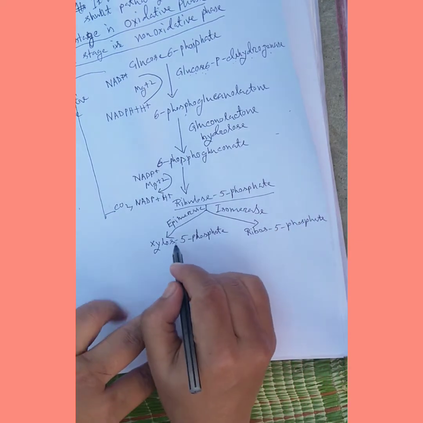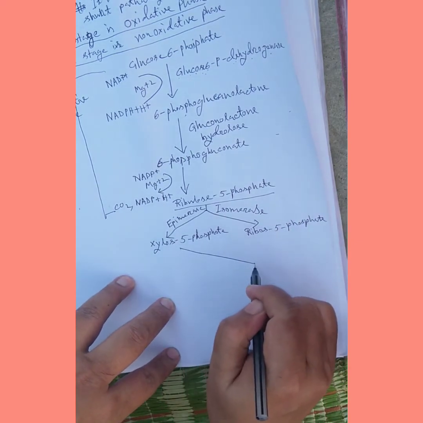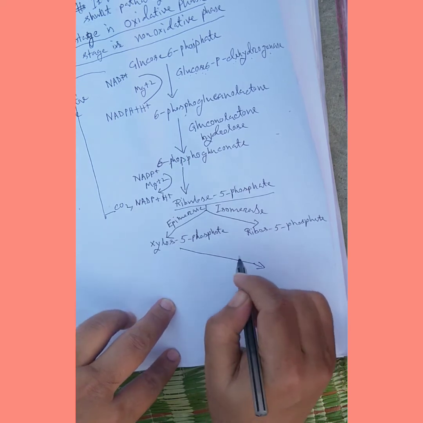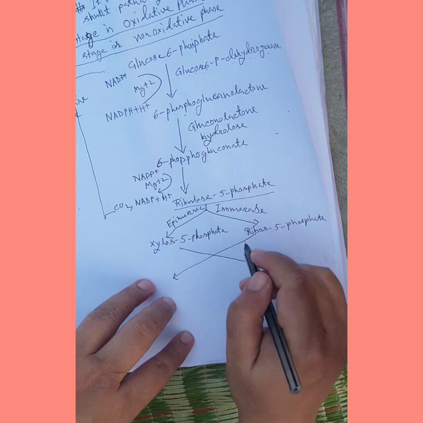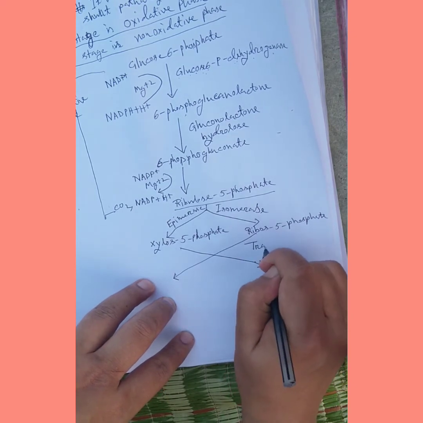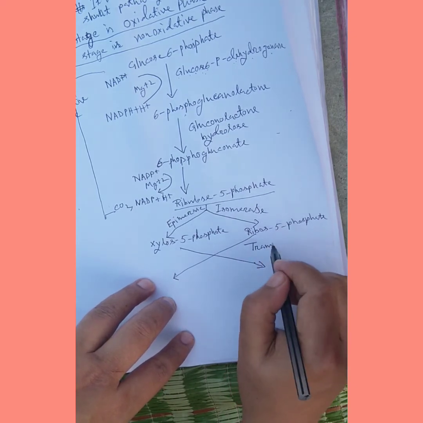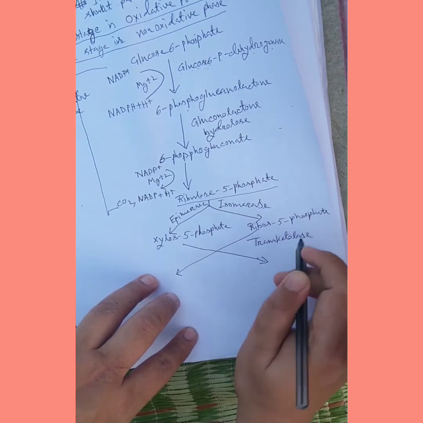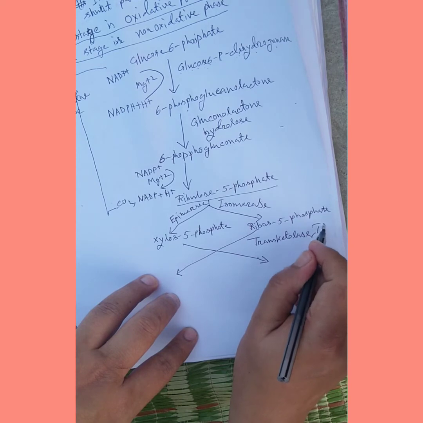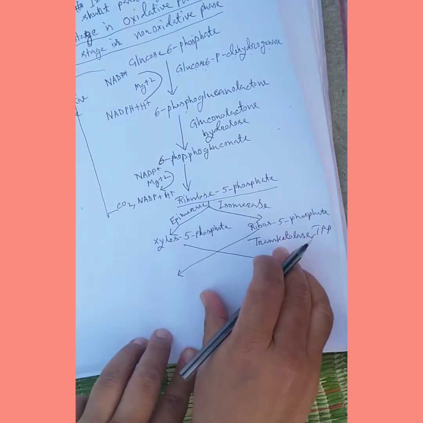And after that, we use the enzyme transketolase. This is the spelling: TRANS, ketolase. Transketolase needs TPP.